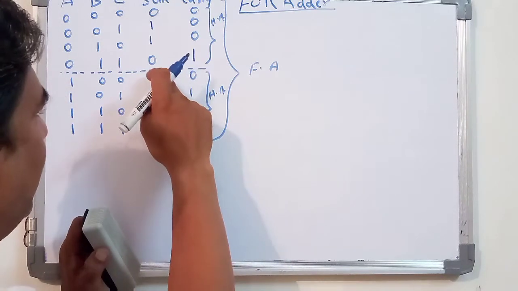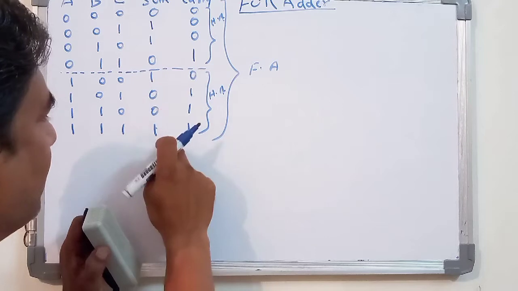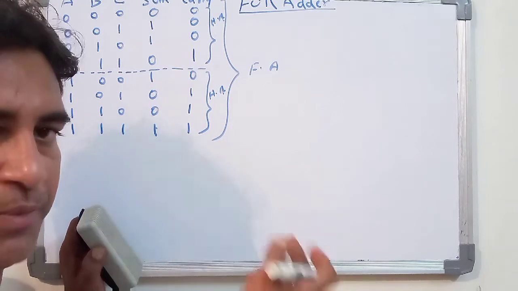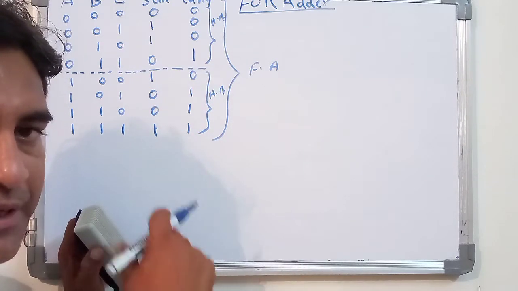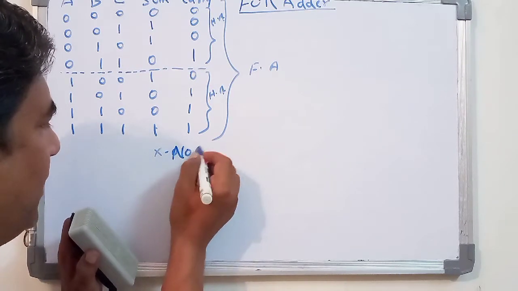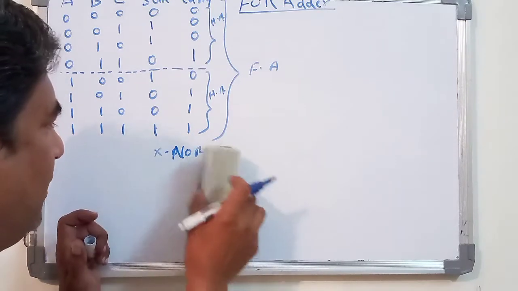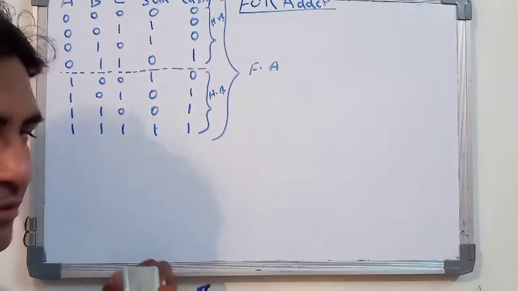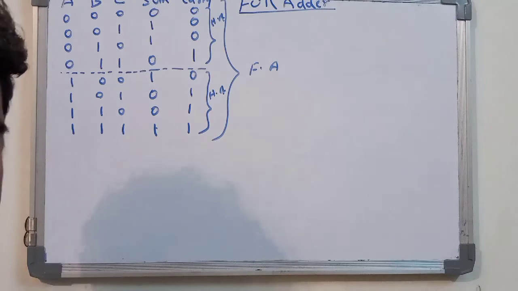Then here it is 1 0 0 1. In your topic it is not included, but it is the XNOR gate output. But we don't have to design that particular XNOR gate.